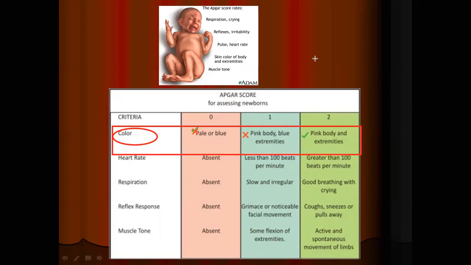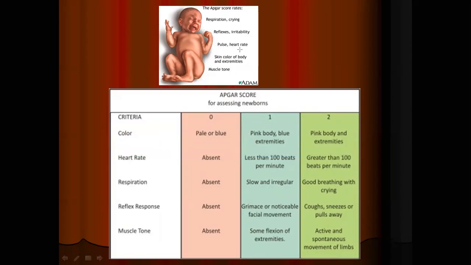Okay, so moving on to the next one. Next one is the heart rate. Here we are going to check the pulse. If the pulse is absent, we give 0.